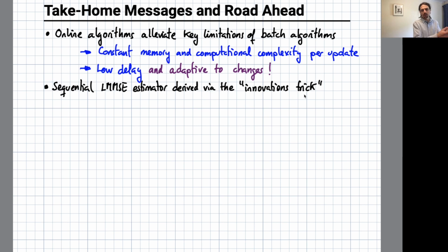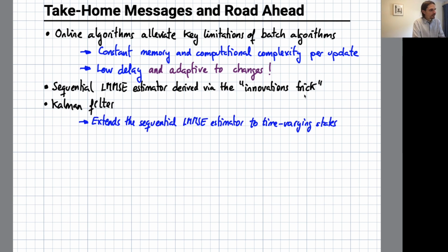That allowed us to use the property that LMMSE estimators are additive over uncorrelated data, right? So it's a pretty clever trick. Then we moved to the case where the parameters change over time, and that took us to the Kalman filter.